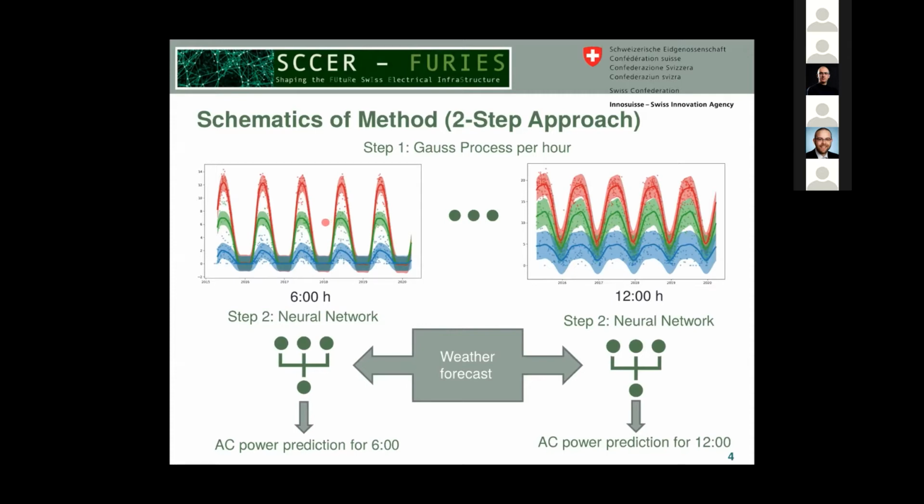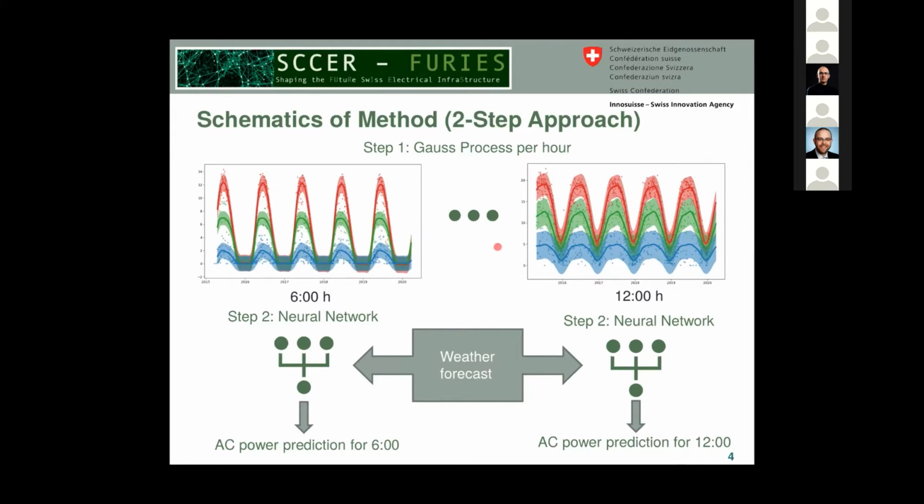For every hour of the day, we take these 3 clusters and train 3 different Gaussian processes. You see the results here in the red, green, and blue lines, together with these quantile intervals, 95% intervals.